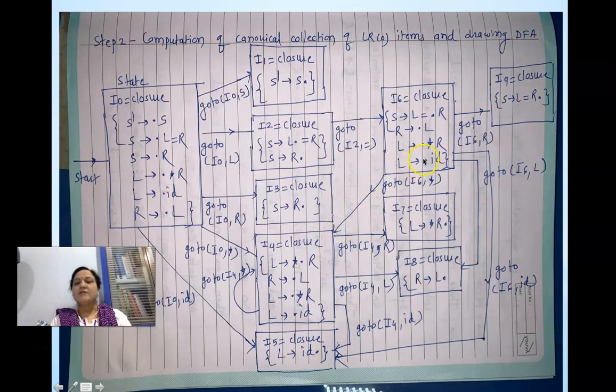Similarly here, if I take a transition and shift the dot after ID, L tends to ID dot, that state is also already present, I5. So we can write here I6 comma ID is going to I5. So with this we get 9 states, I0 to I9. Those are called the LR0 items of the SLR parser.